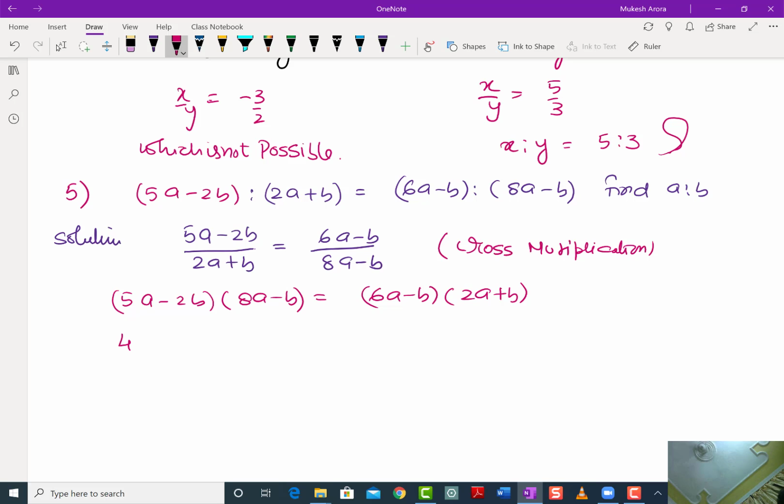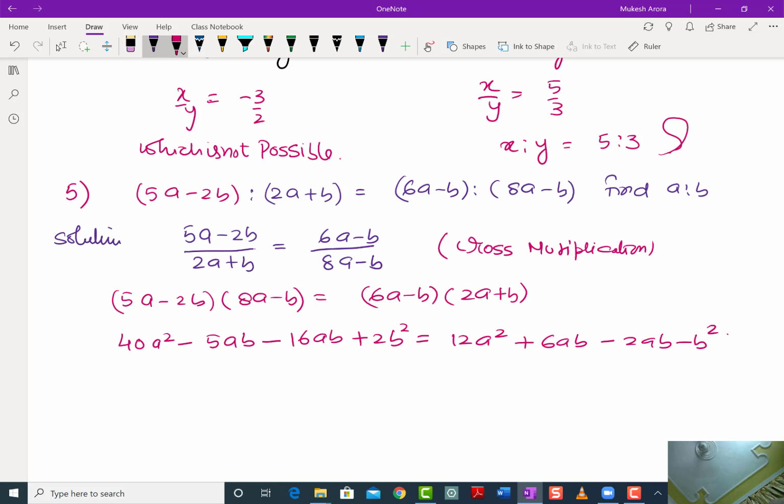Open it. 40a square minus 5ab minus 16ab plus 2b square is equal to 6 2s are 12, 12a square plus 6ab minus 2ab minus b square.